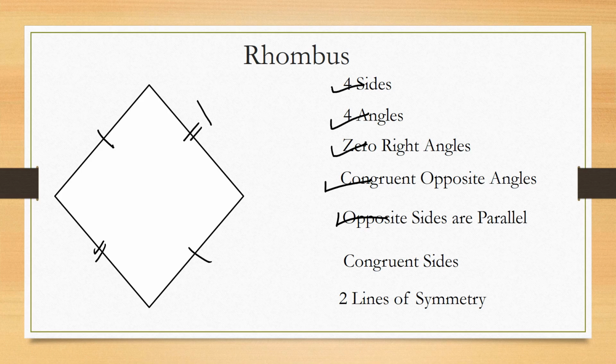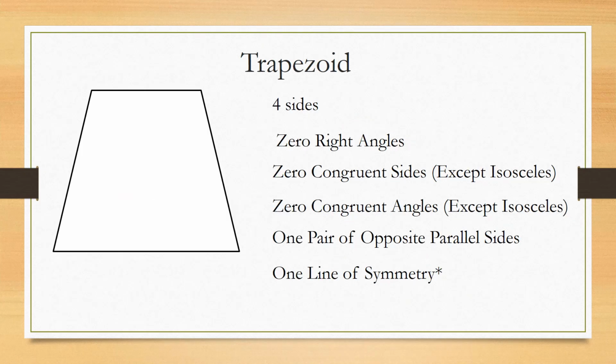This side is parallel to this side, and this side is parallel to this side right here. And there are two lines of symmetry here for a rhombus. A symmetry along this line, and a symmetry along this line. Two lines of symmetry. That is the rhombus.